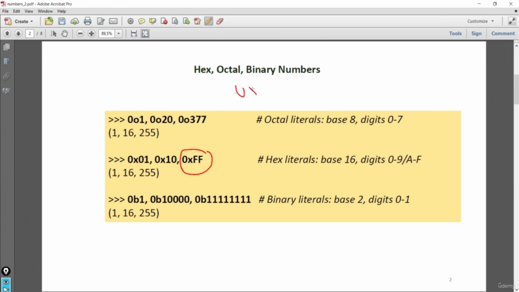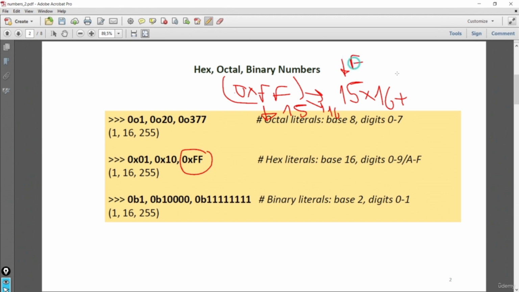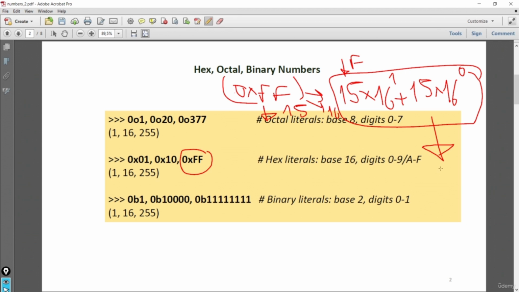If we convert this number to decimal, f is 15. 15 multiplied by our base, 16. 15 multiplied by 16, this is f, and the second f is multiplied by 16^0. If we put powers on the 16 and do this calculation, we will get 255.